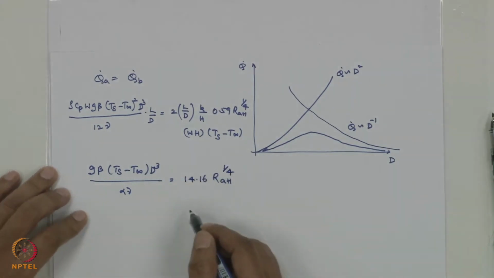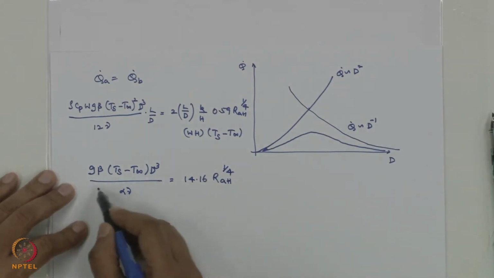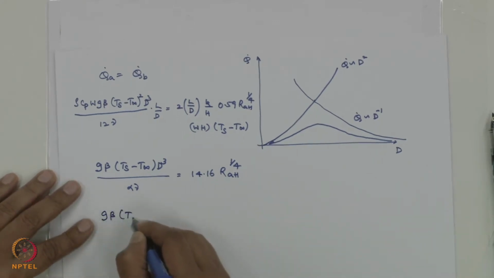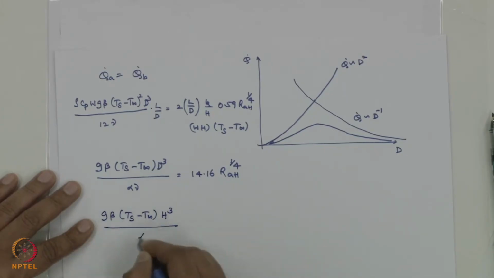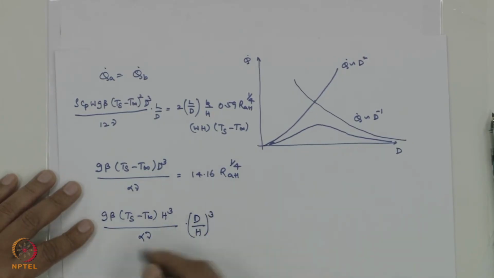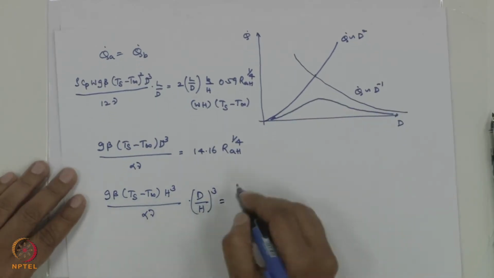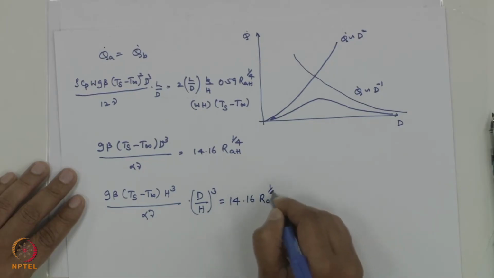So this is what you get by equating. Now what is this? If I write g beta (Ts minus T infinity) into H cube upon alpha nu into (D by H) whole cube, I have just multiplied and divided by H cube. So this is equal to 14.16 Rayleigh number to the power of 1 by 4.